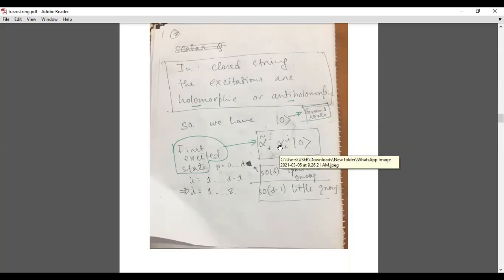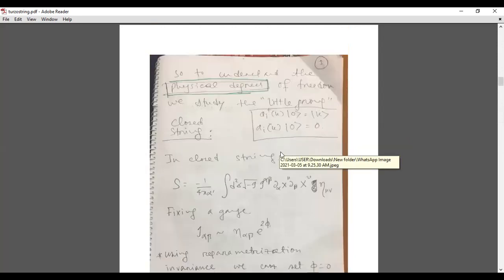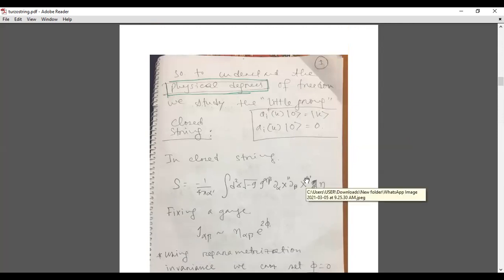So remember that if you have an action like this in string theory, basically you can start with mu and nu to be arbitrary. It can be in d dimensions, okay?